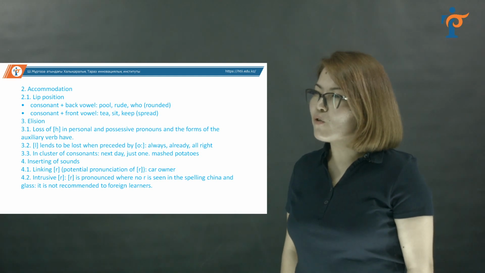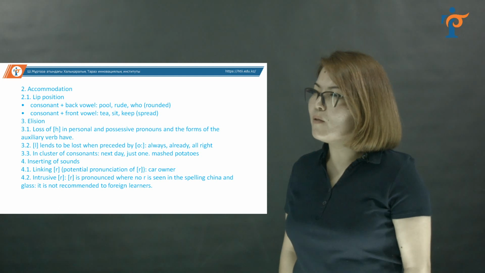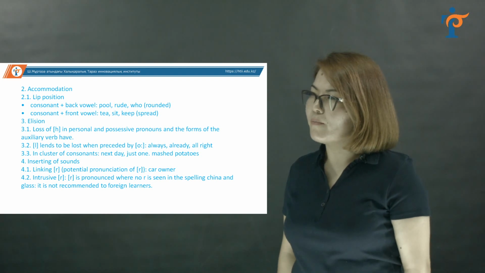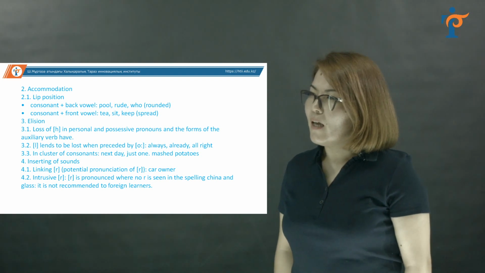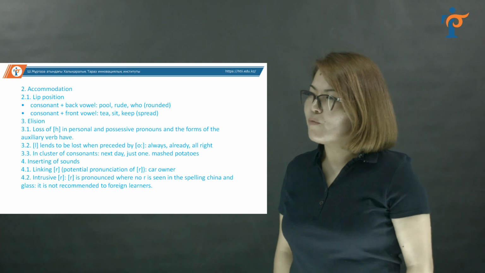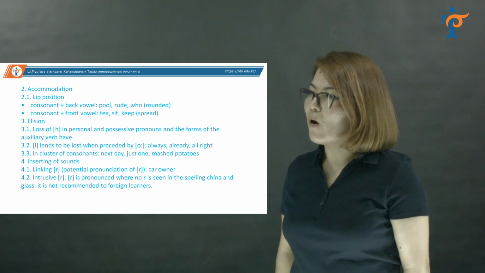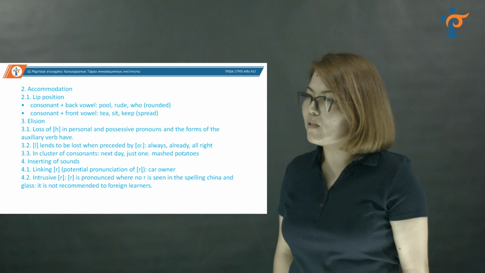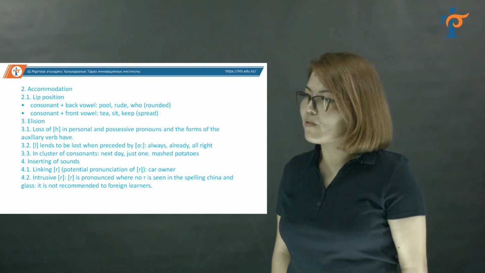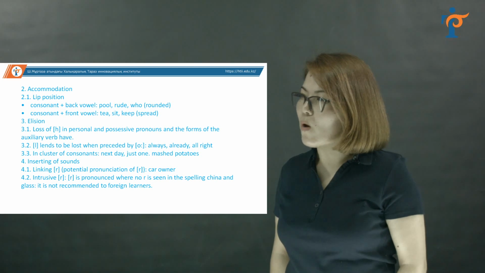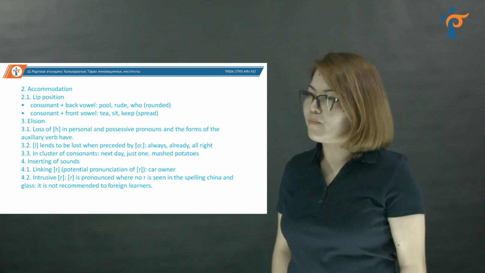Elision, loss of h in personal and possessive pronouns and the forms of the auxiliary verb have. The l tends to be lost when preceded by o, like always, already, all right. In clusters of consonants, next day, just one, mashed potatoes.